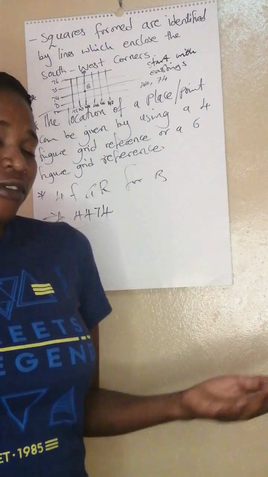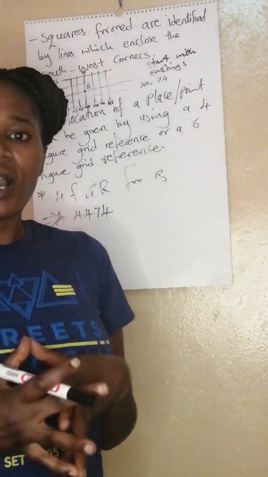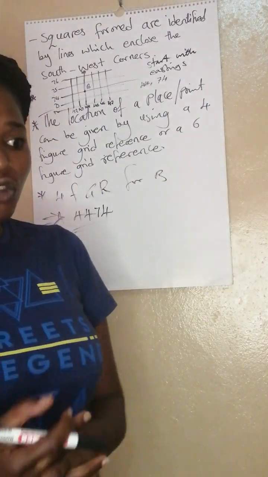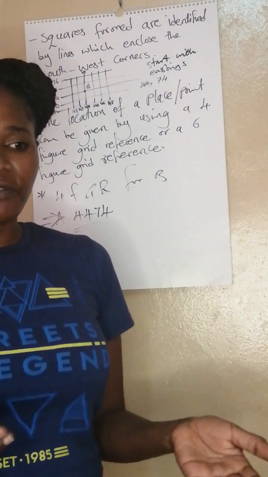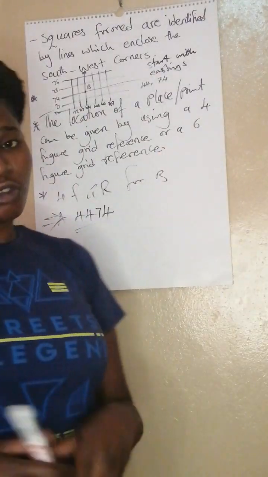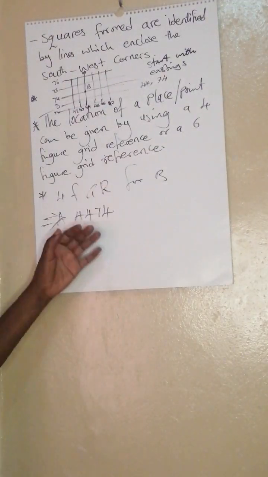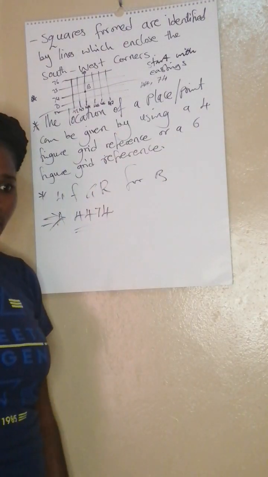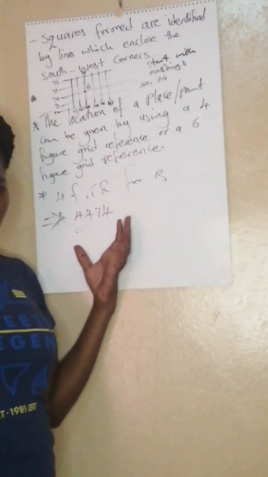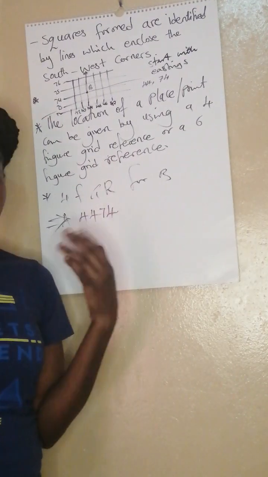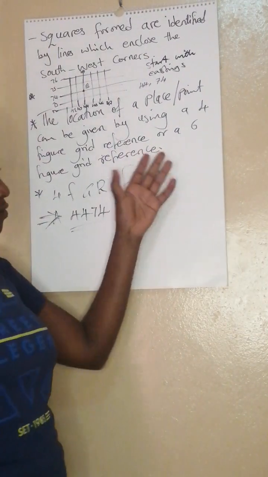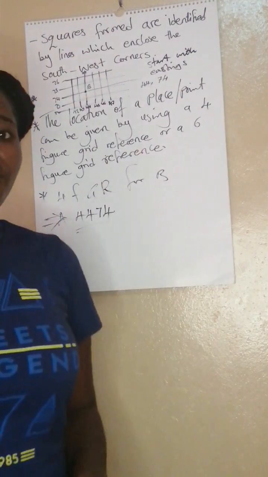I even give the street or the house number. So in that way, I'm being specific. The first one is more like saying point B is in 4474. So the 4-figure grid reference is not accurate. The 6-figure grid reference is accurate.